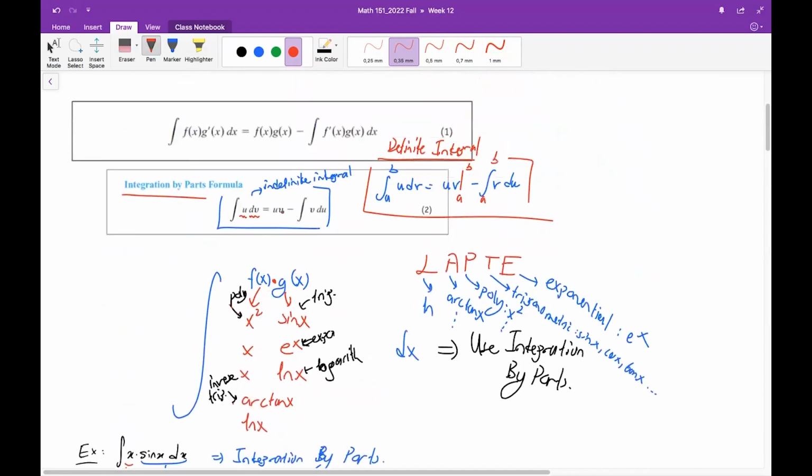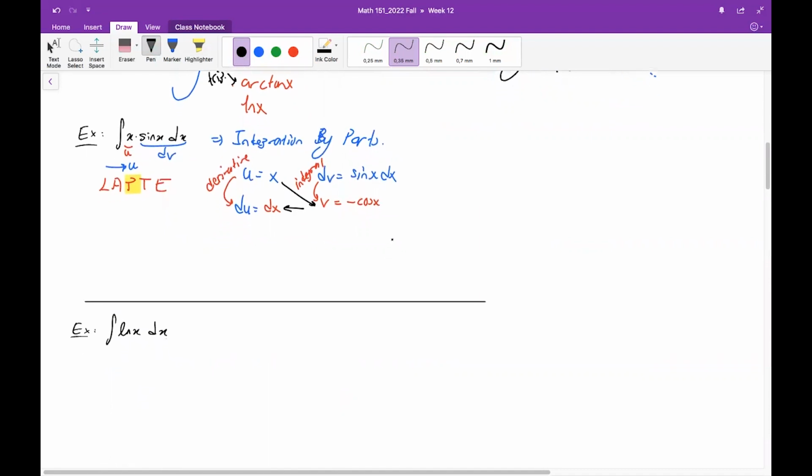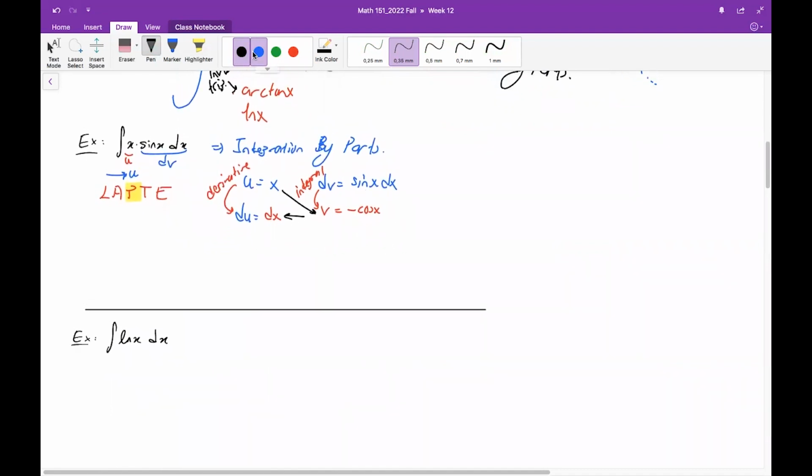Then we will apply the formula u times v minus integral v times du. So it goes in this direction of the arrows. u times v, then the minus integral sign we will put, then v times du. Okay, so maybe I should put here, you are integrating dv to find v.